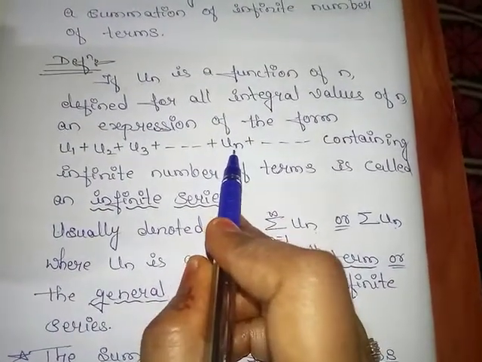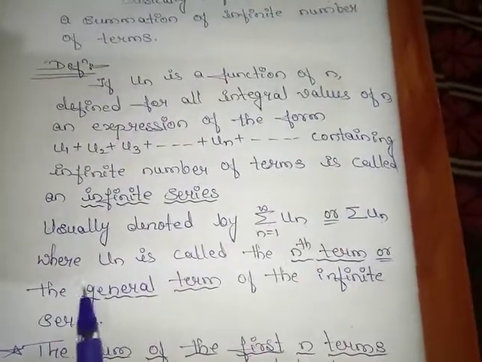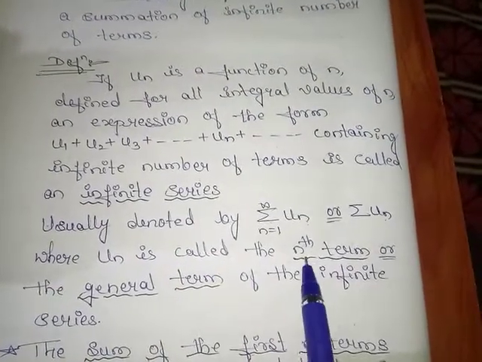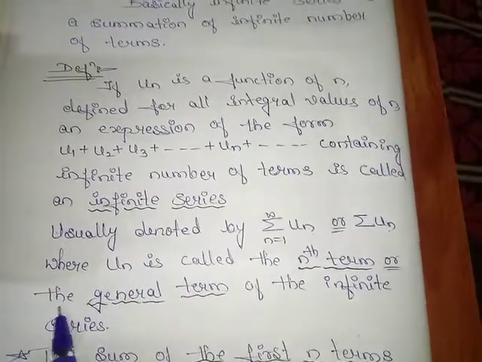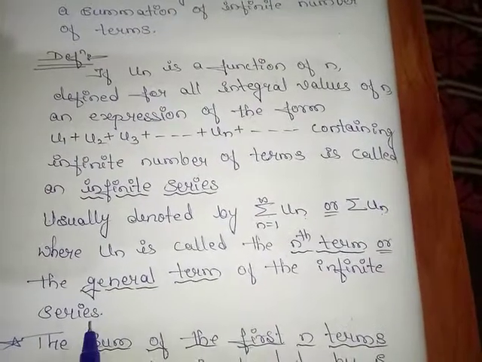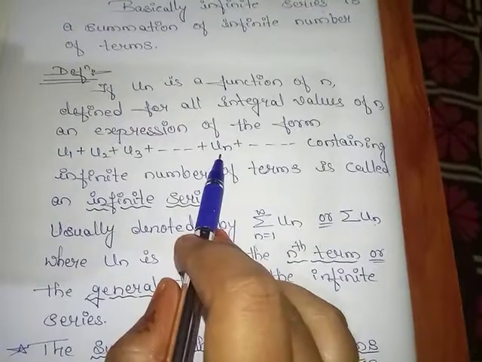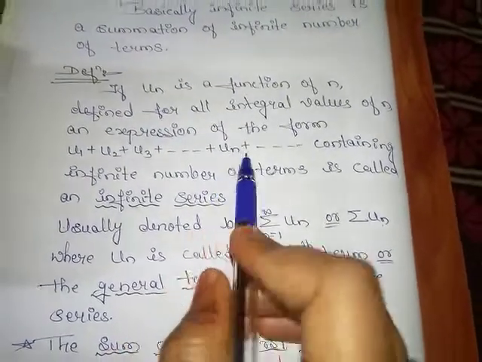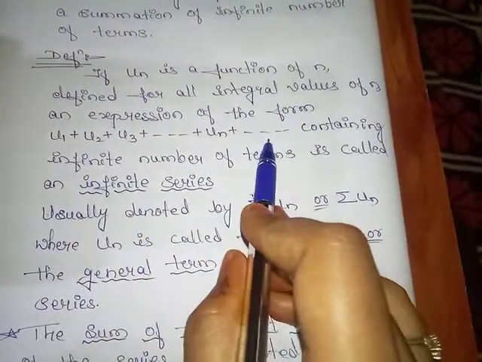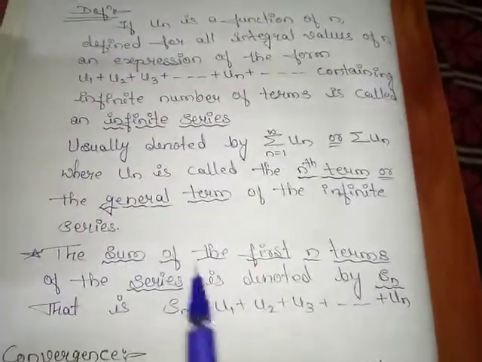The nth term. Therefore, un is called the nth term or the general term of the infinite series.